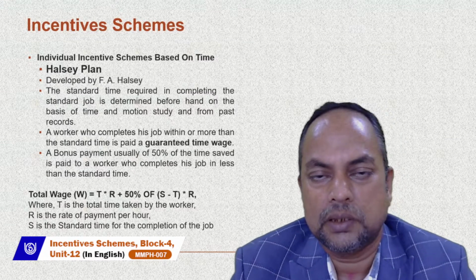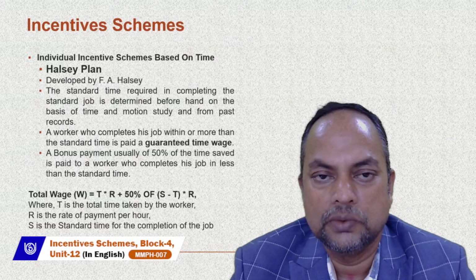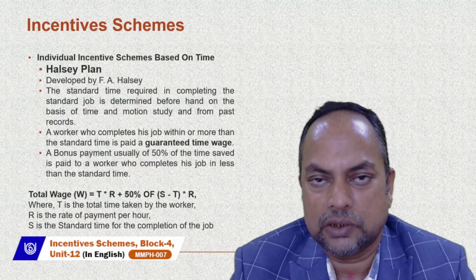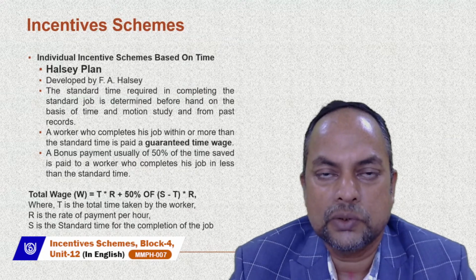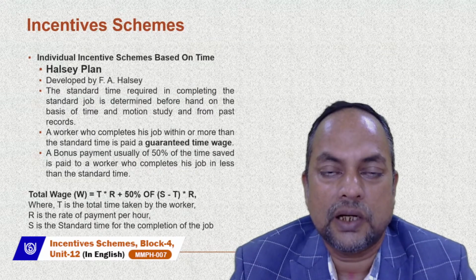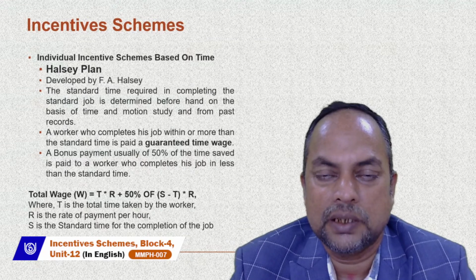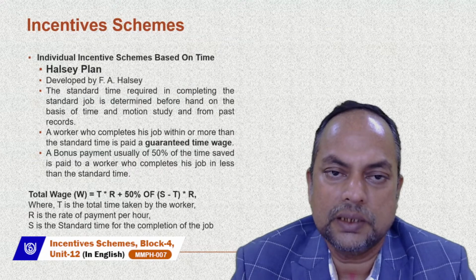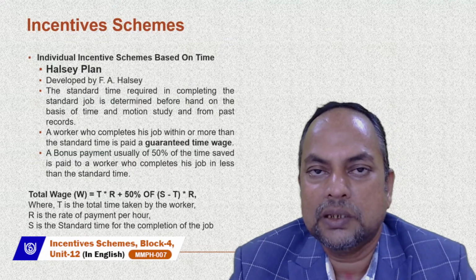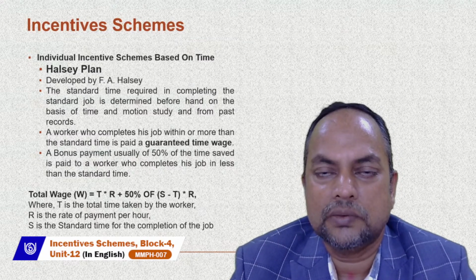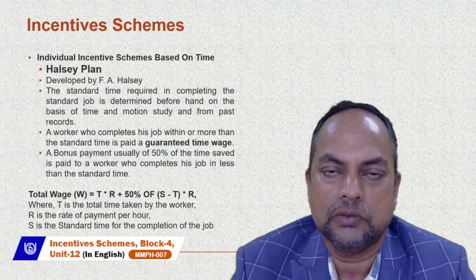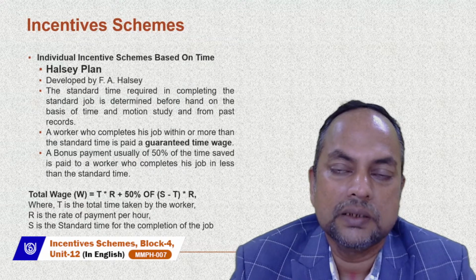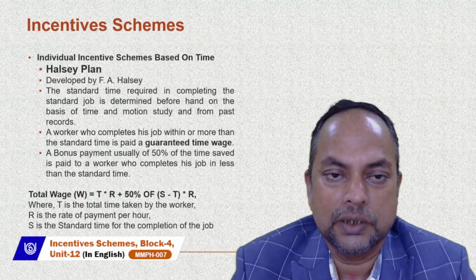Right? Let us say out of an 8-hour scheduled job, the employee has completed a particular job assigned to him in 6 hours. In that case, say the hourly rate is 50 rupees per hour. Right? If the worker had been working for 8 hours, he would have got 400 rupees. But working for 6 hours, he is getting 6 into 50, 300 rupees.